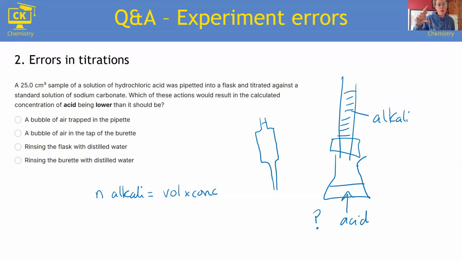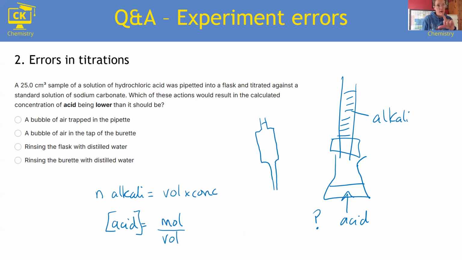So the moles of alkali depends on the volume in the burette, and then the concentration of the acid is going to be moles, which is related to the moles of alkali, over the volume, which is related to the volume in the pipette. So we have 3 possible things that could affect the concentration that we calculate.